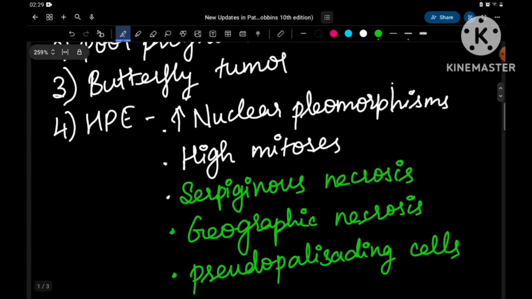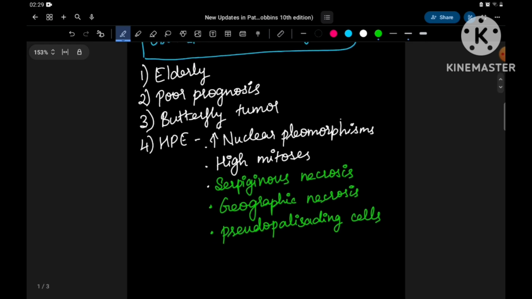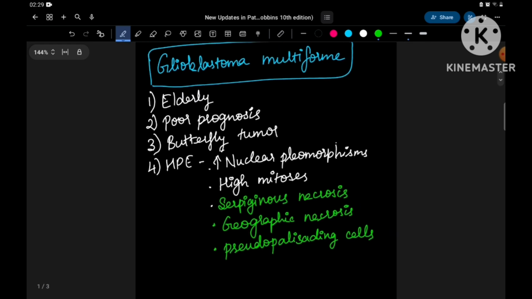So what we saw is just the gist of glioblastoma multiforme. It affects the elderly, it has a poor prognosis, and it is also known as the butterfly tumor. There is increased nuclear pleomorphism, high mitosis, and distinct features of serpiginous necrosis, geographic necrosis, and pseudo-palisading cells.